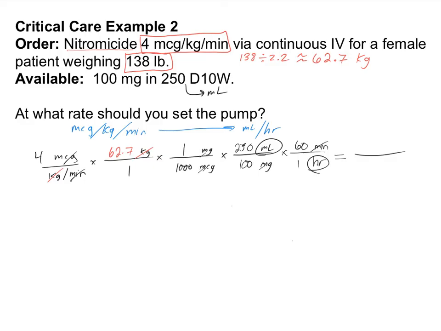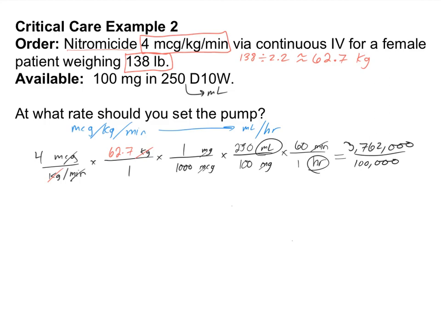I am now ready to multiply all my numerators and all my denominators. So 4 times 62.7 times 250 times 60, we get a large number, 3,762,000. And in the denominator, all of them, we have 1 times 1,000 times 100 times 1 gives me 100,000.